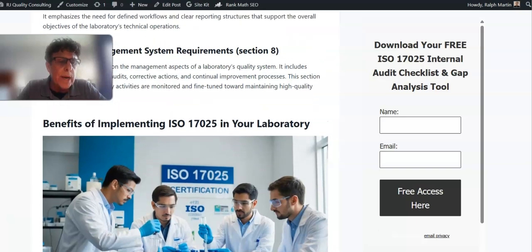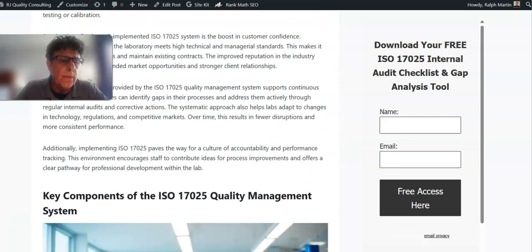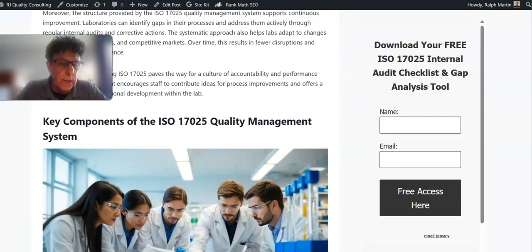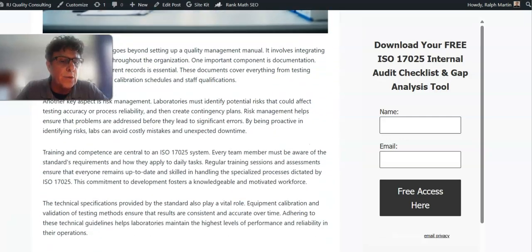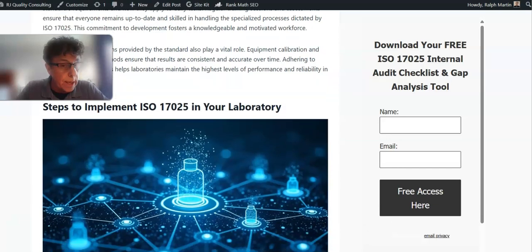And then we get into the benefits of implementing ISO 17025, and then key components of the ISO 17025 quality management system, steps to implement the quality management system.